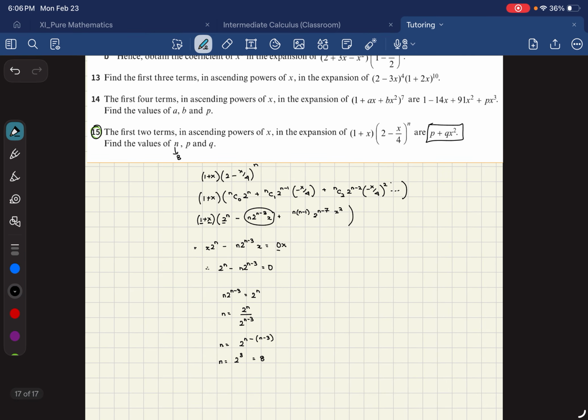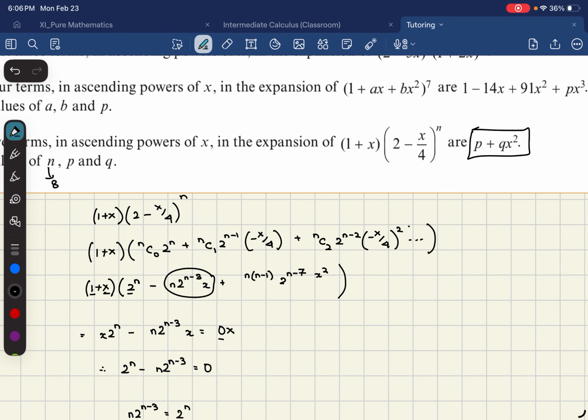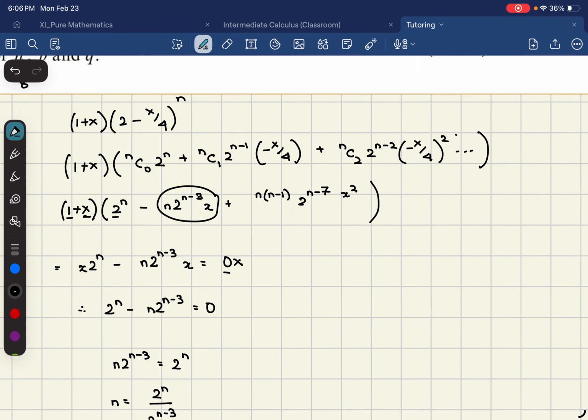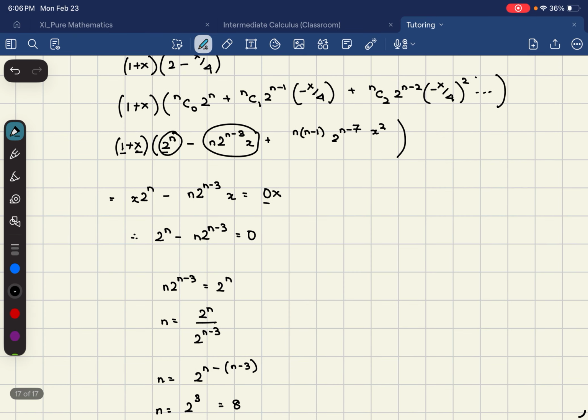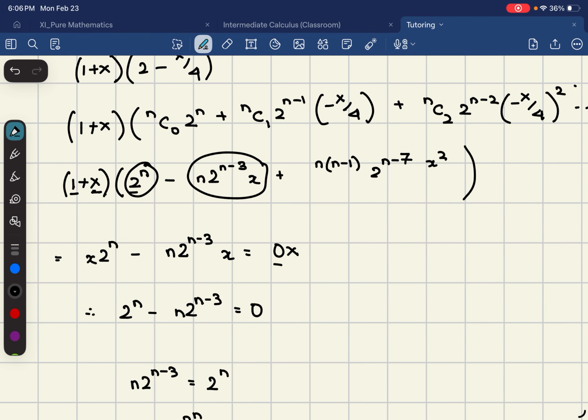And now that we have n is equal to 8, well, what will be p? P is just going to be the constant term. So we just substitute and calculate everything else. So our constant term is just going to be 2 to the power n. 1 times 2 to the power n is going to give our constant term. Everything else I have to multiply through with x, so we're not going to have another constant term.